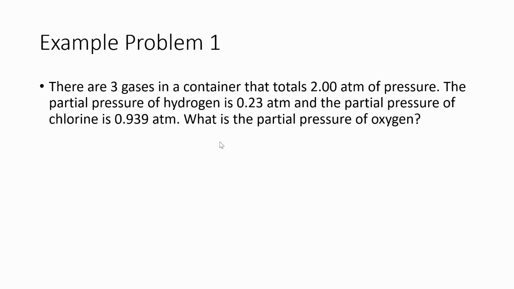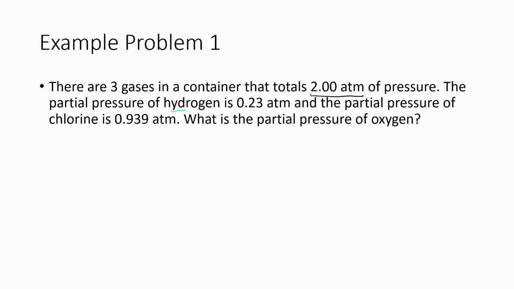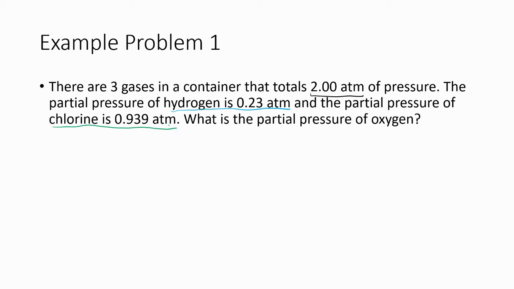Okay, so here we have three gases and we have a total. So the P total is 2 atmospheres and each partial pressure. So there's some hydrogen in there, and that's contributing 0.23. And there's some chlorine in there, and that's contributing 0.939. And there's also some oxygen.